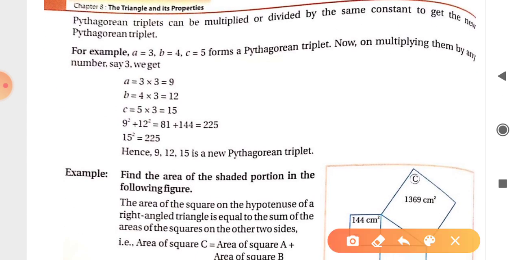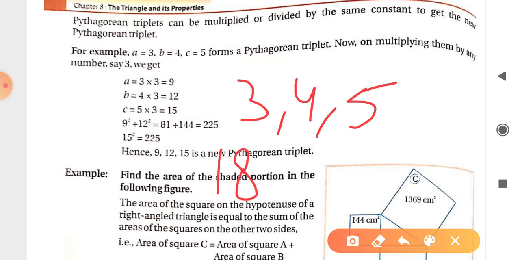Next, Pythagorean triplets can be multiplied or divided by the same constant to get a new Pythagorean triplet. If there is a Pythagorean triplet 3, 4 and 5, and we multiply these numbers by a constant, let us multiply by 6, then 6 threes are 18, 6 fours are 24 and 6 fives are 30.